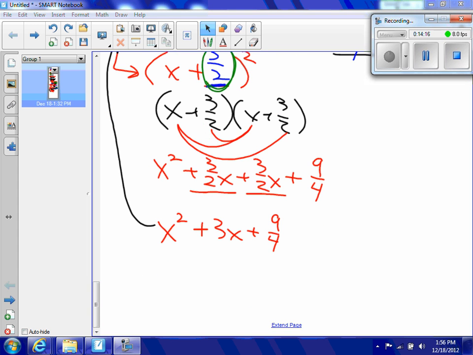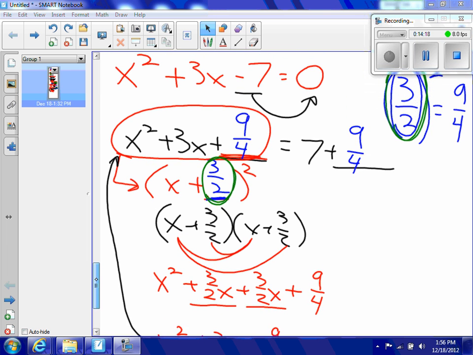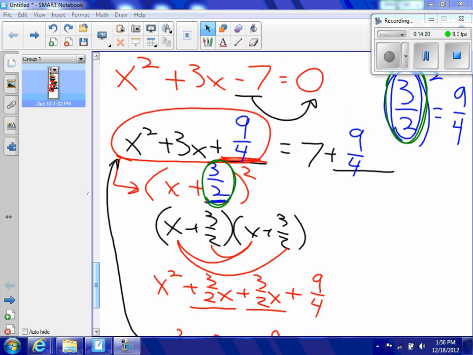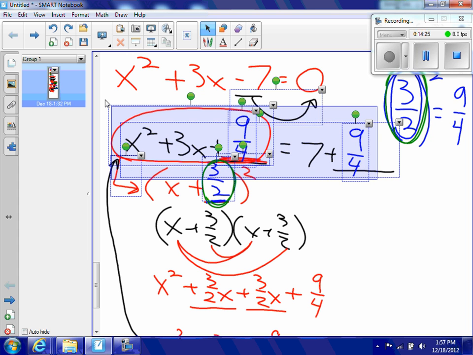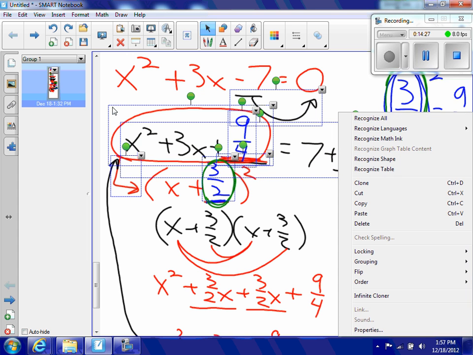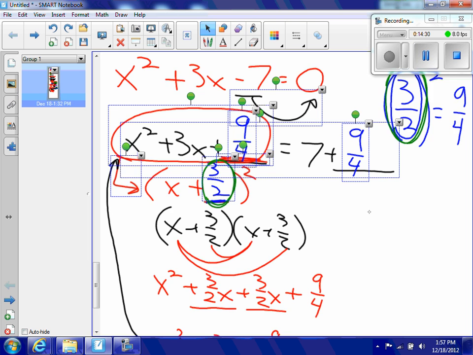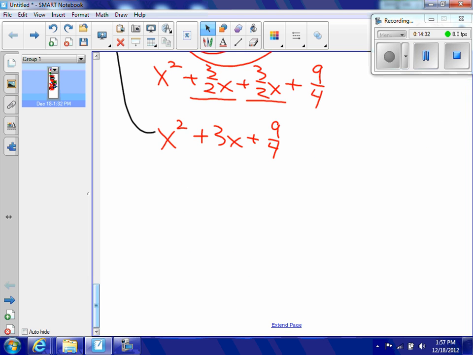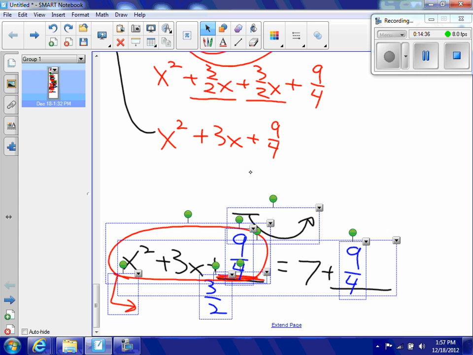So now that I've completed the square, let's see if I can segment that out here. That works. I think it's going to call too many things in, but let's try it. Let's copy that. Let's see if we can bring it to the bottom. Come on, go away.